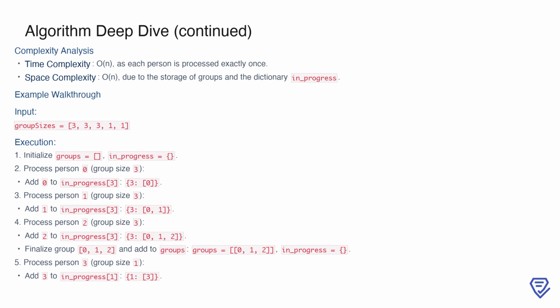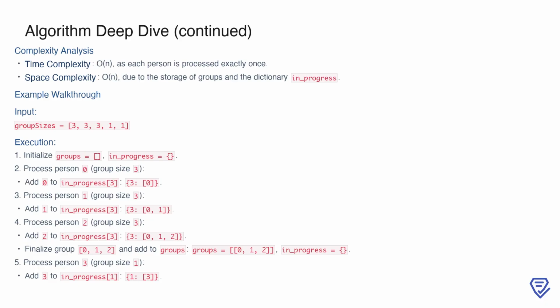To better understand, consider the input group sizes equals [3, 3, 3, 1, 1]. Initially, we set up groups as an empty list and in_progress as an empty dictionary. For person 0 with group size 3, we add them to in_progress[3], making it {3: [0]}. Next, person 1 joins the group, updating it to {3: [0, 1]}.